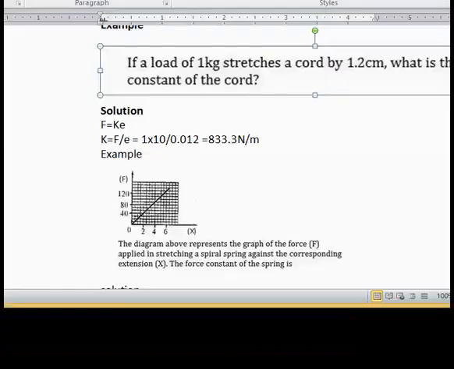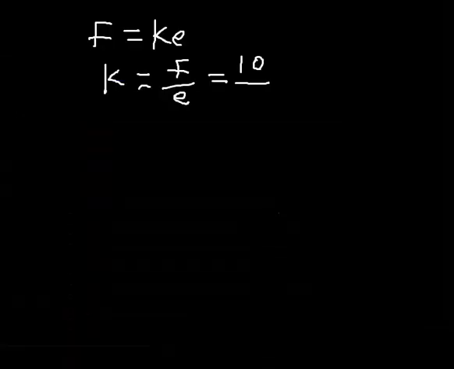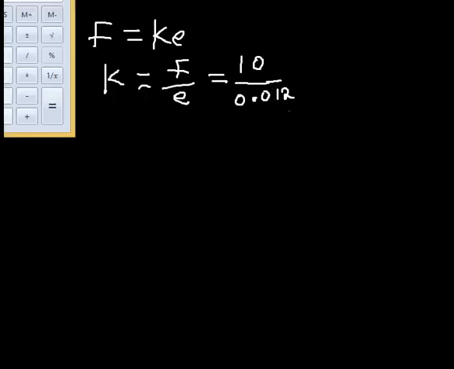What's the extension? Extension is 1.2 cm, and I have to convert this 1.2 cm to meter by dividing by 100. That should give me 0.012 meter. 1.2 divided by 100, that should give you this. So my answer is going to be equal to 10 divided by 0.012.